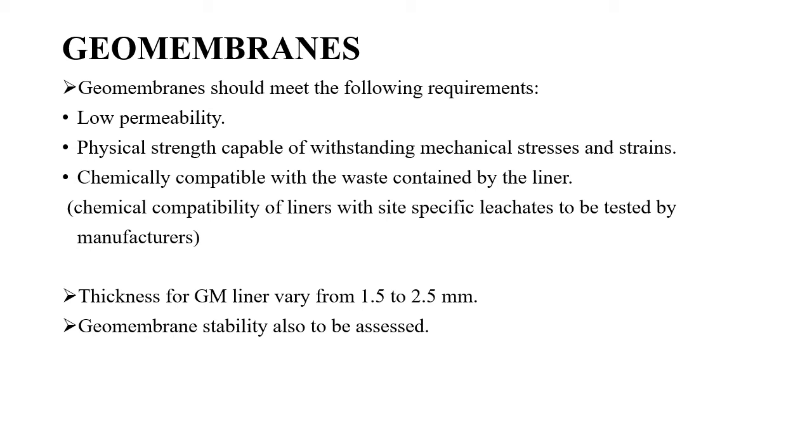Therefore before you select a material, the manufacturers who make these geomembranes for the contractors have to do some chemical compatibility tests for these geomembrane liner materials, and that too, the chemical compatibility test should be done with the site specific leachates.